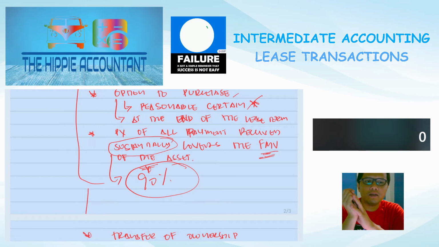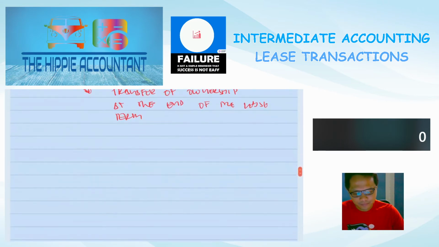However, again, as stated earlier, we are allowed to report it as operating lease, provided na low value yung subject of the lease and the lease term is, kumbaga, short period. 12 months or less. Okay. So, let us continue.